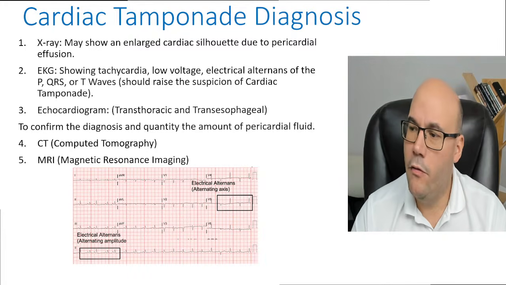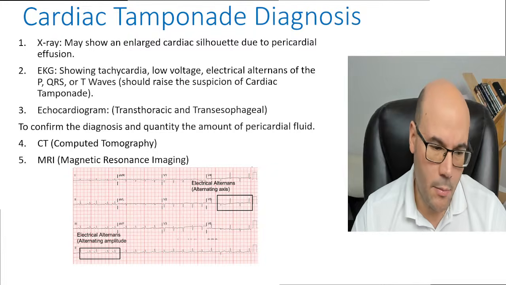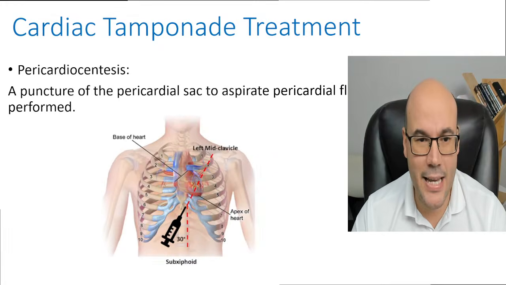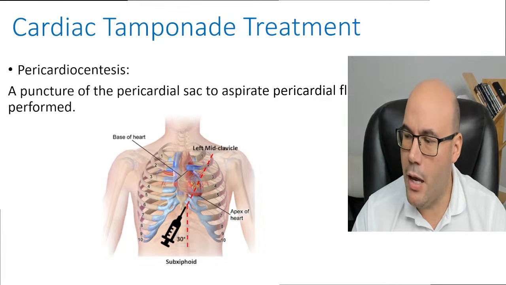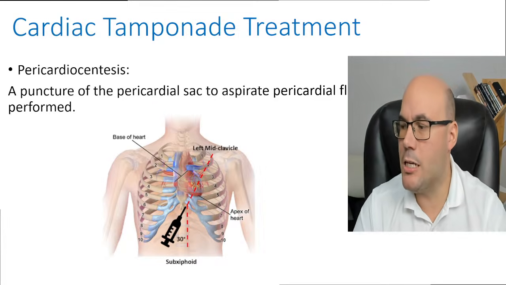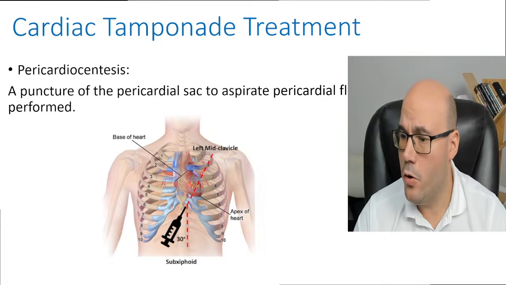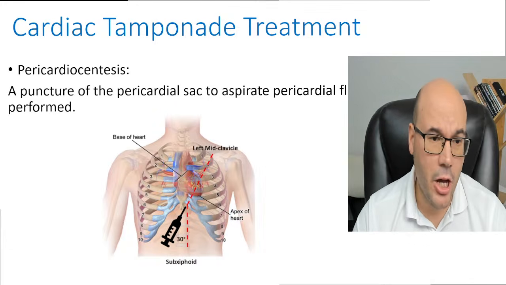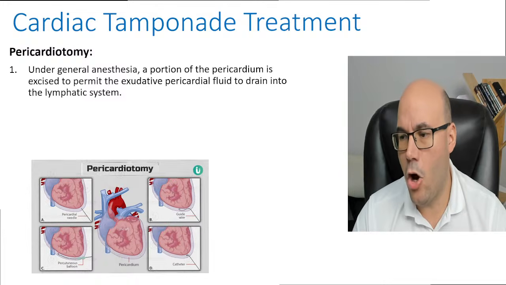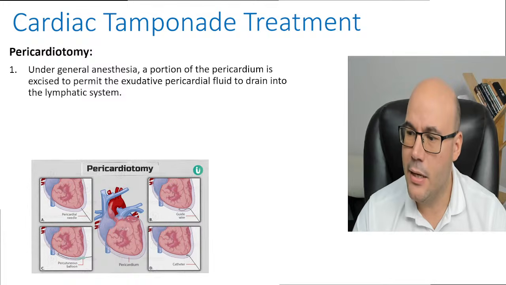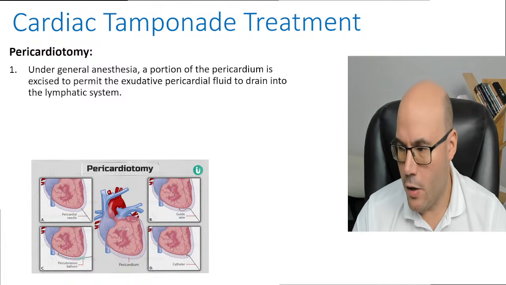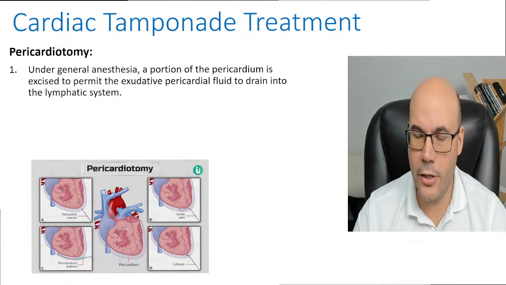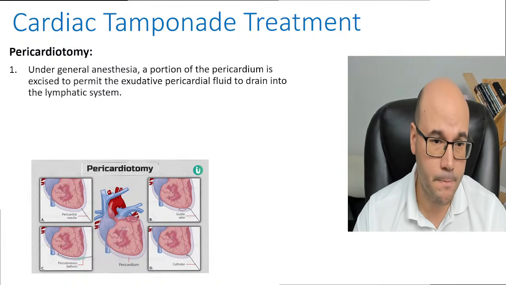The treatment for cardiac tamponade, number 1, pericardiocentesis, which is a puncture of the pericardial sac, basically to aspirate pericardial fluid. We can see here how the procedure is done. And lastly, pericardiotomy, basically under general anesthesia, a portion of the pericardium is excised to permit the drainage of pericardial fluid into the lymphatic system.